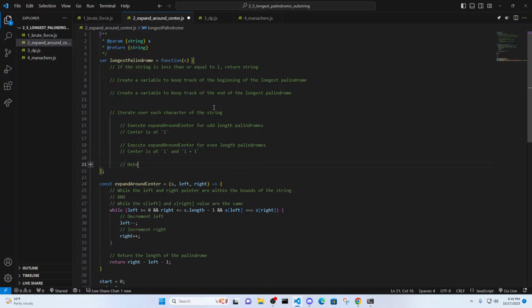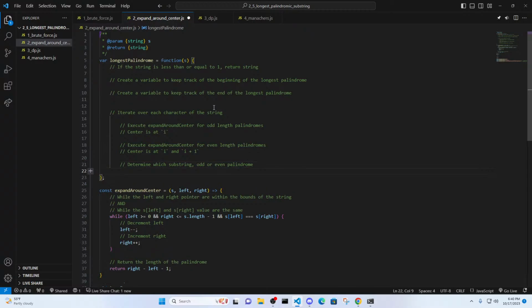Then we determine which substring of the odd palindrome and the even palindrome is of greater length.